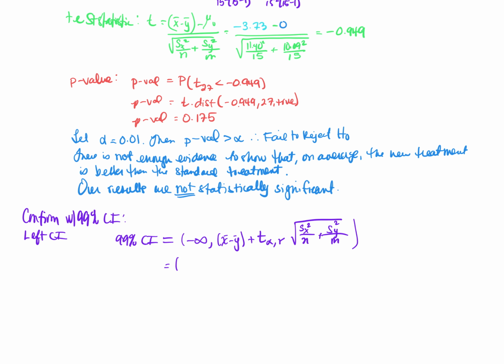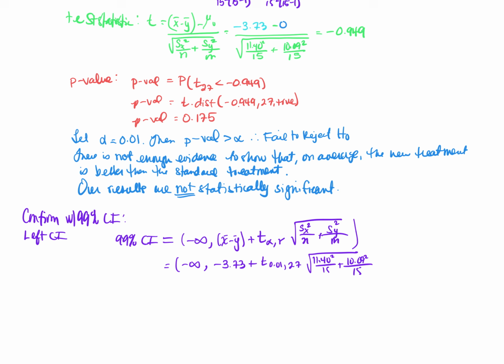So we end up with negative infinity, comma. We know that x bar minus y bar is negative 3.73. We have to add to that our t sub alpha, nu. So that's t sub alpha, where alpha is 0.01, and nu was 27. And then we have the square root of 11.4 squared over 15 plus 10.09 squared over 15.